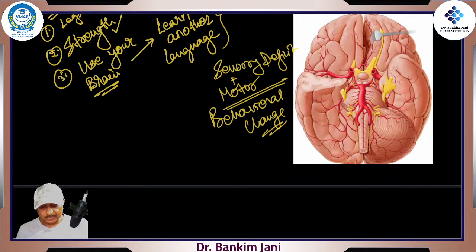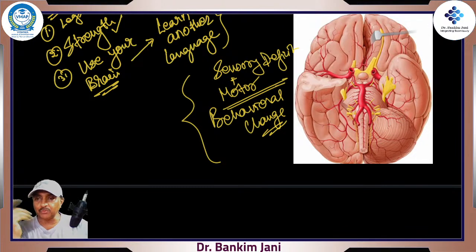This is what really happens, because not every day will you send that person to get a CT or MRI done. When you do the MRI, you find that there is clearly shrinkage of the brain. That's where they realize, and by that time it's too late.